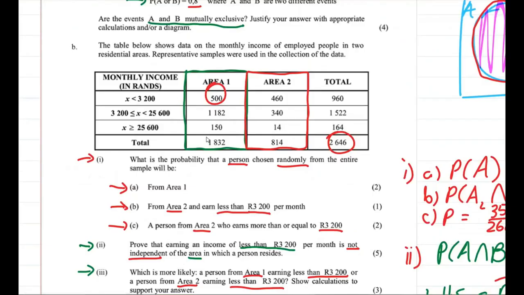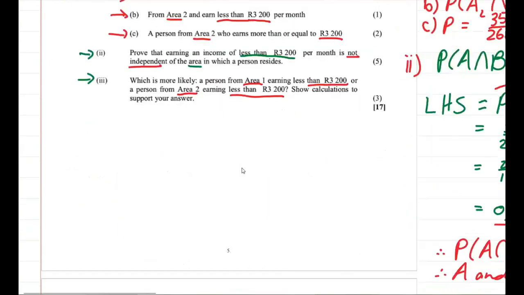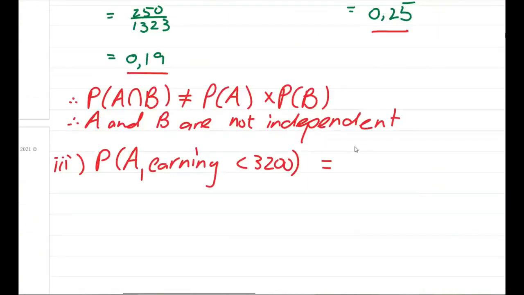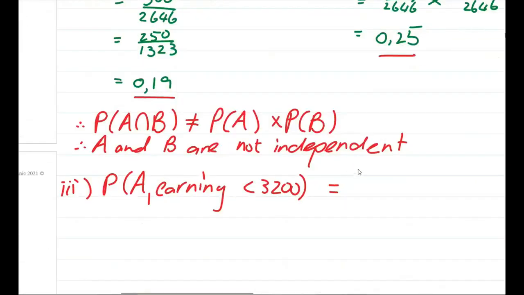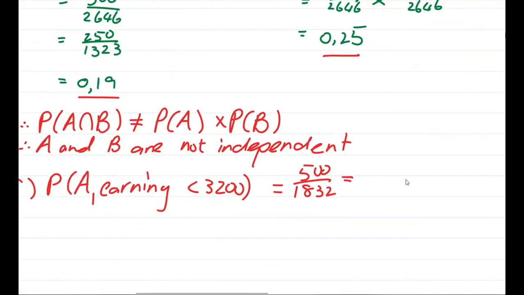The 1,832. Yes. So that's 500 over 1832. Good. Now, what is that simplified? As a fraction, it is 125 over 458. And decimally to the second?